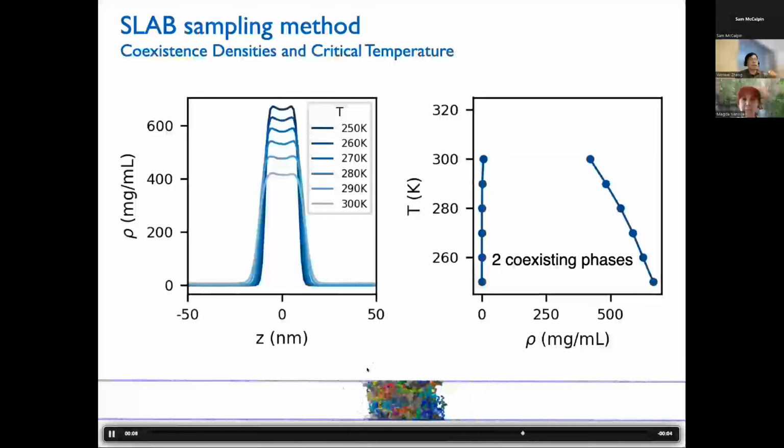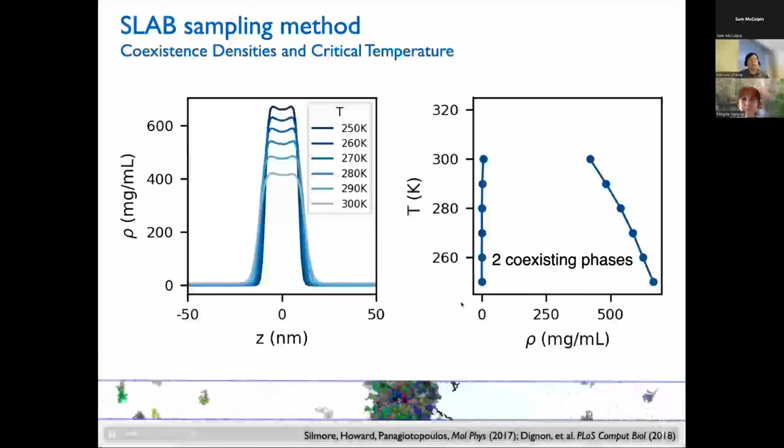And then we can quickly scan the simulation at different temperatures. If there's coexistence, then you see that those peptides will fly out of the slab. And then there's the low density phase on the two sides and the high density phase in the middle. So that can quickly tell us the coexistence of the two phases. So that's what we do for phase separation.